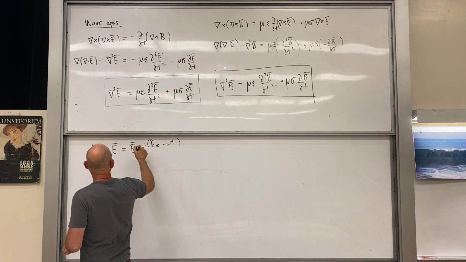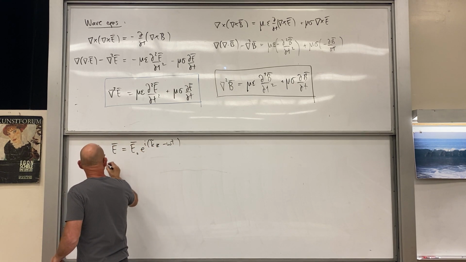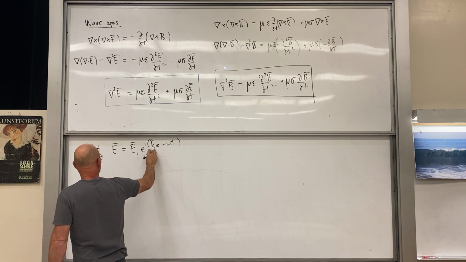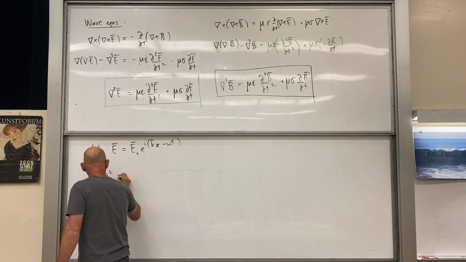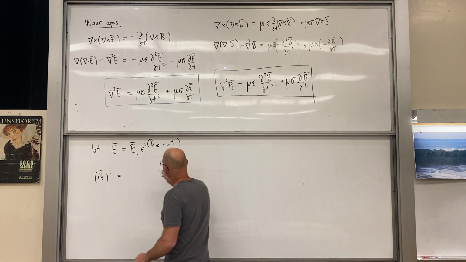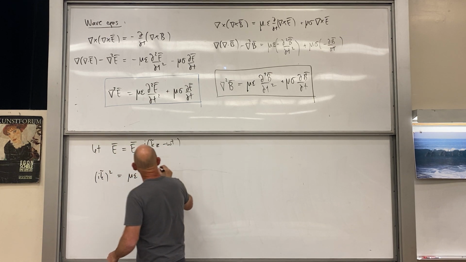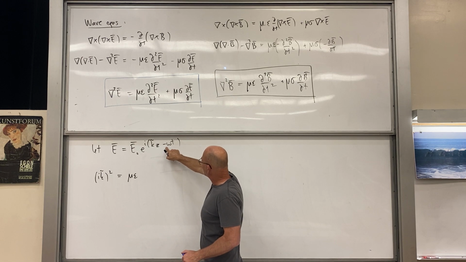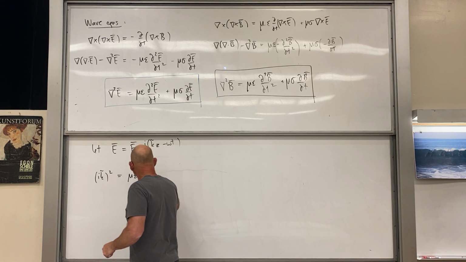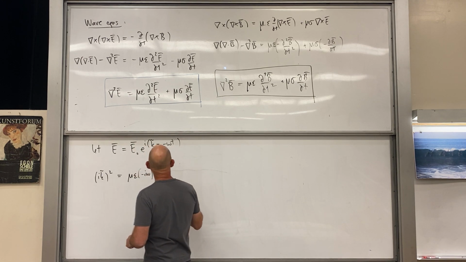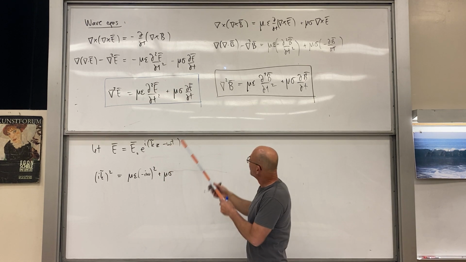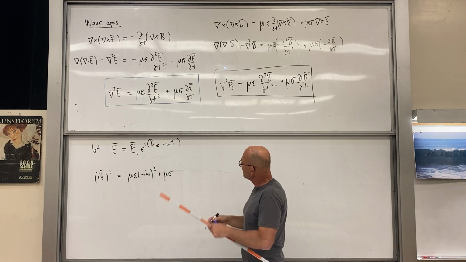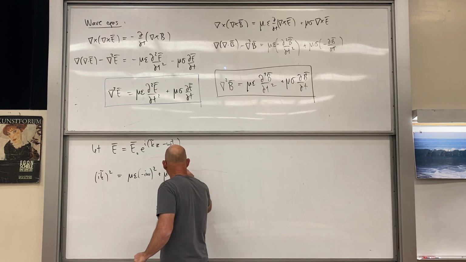On the left side, we're going to have two derivatives with respect to z, so i k tilde squared. On the right side, we're going to have mu epsilon, two derivatives with respect to time, so minus i omega, also squared, plus mu sigma, one derivative with respect to time brings down minus i omega.